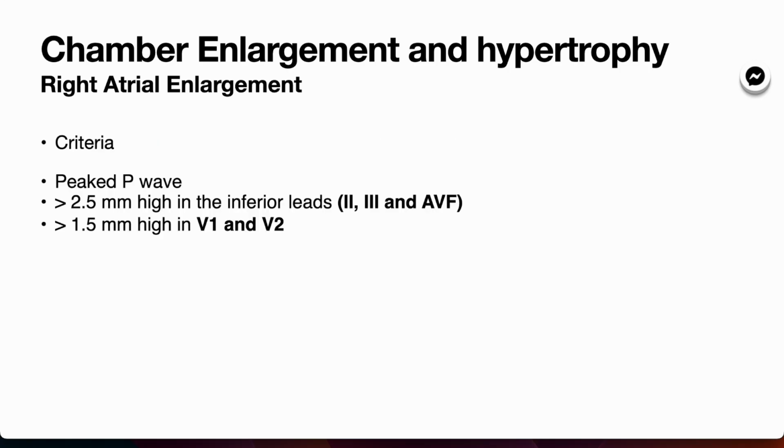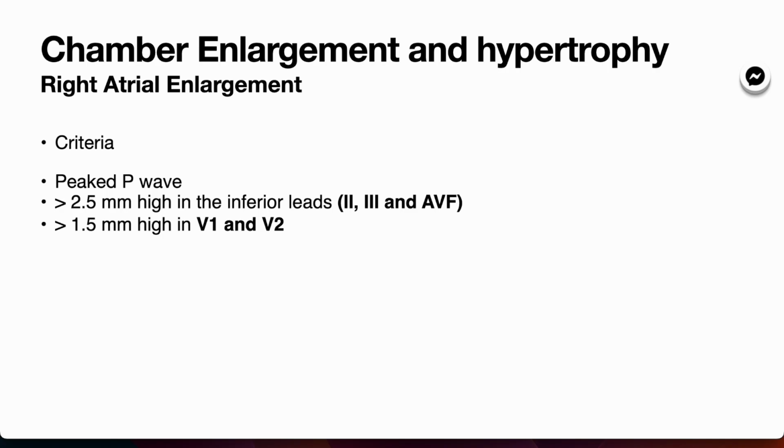Okay, so let's now move to right atrial enlargement. The criteria here is just to look for the P wave. If the P wave is more than 2.5 millimeters high, a tall P wave of more than 2.5 small squares in leads 2, 3, aVF, you can diagnose it as right atrial enlargement.